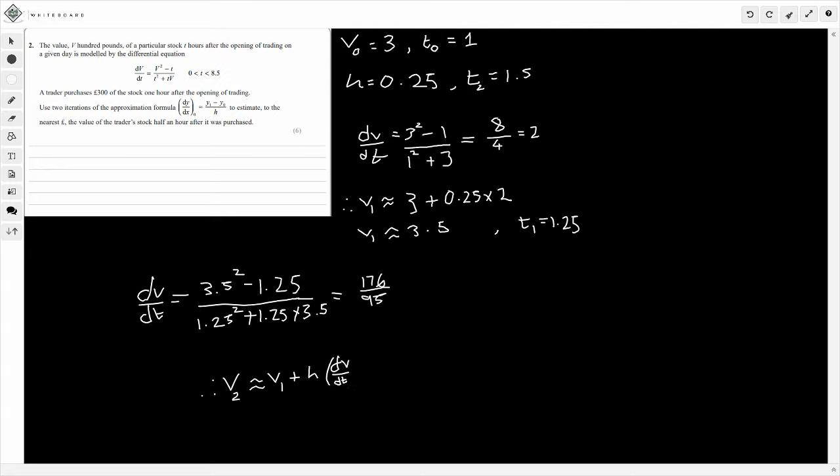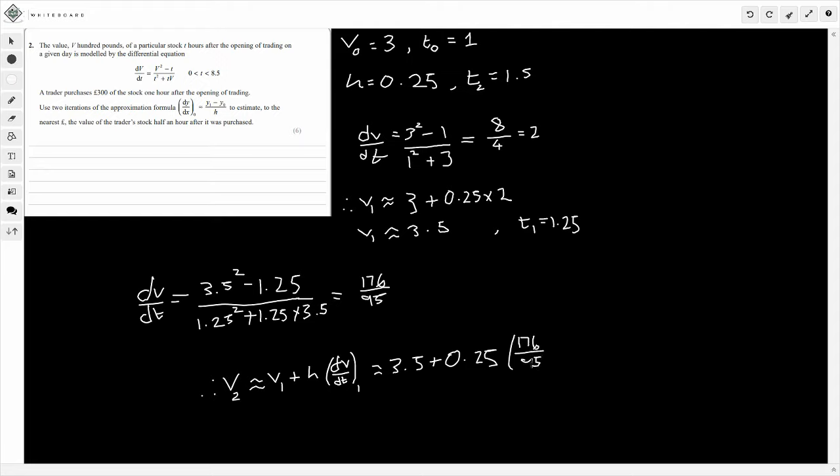I just don't want you to be confused, so it might make it a bit clearer. We're just plugging in this formula now. So this is going to give us 3.5, my v1, plus h, which is 0.25, times our dv by dt at 1, which is 176 over 95.